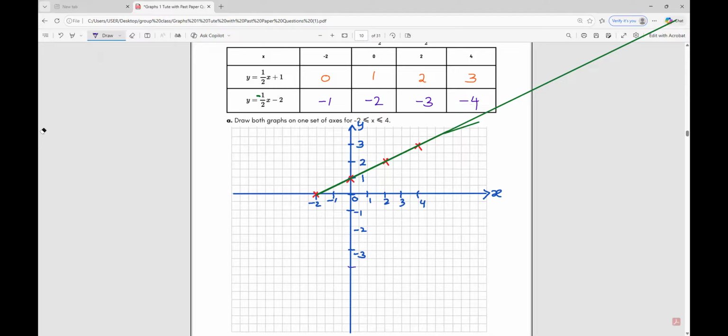One more point I will add, minus 4. Then we will see minus 2 is minus 1, 0 is minus 2, 2 is minus 3, 4 is minus 4.